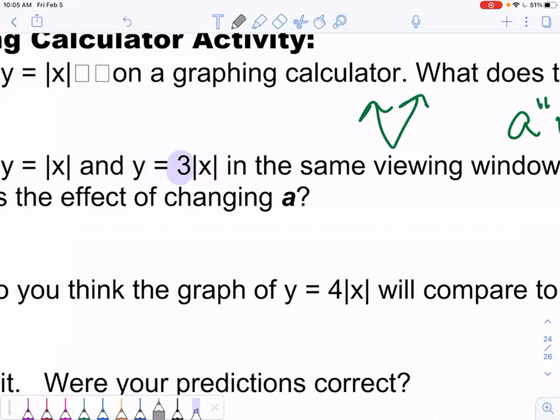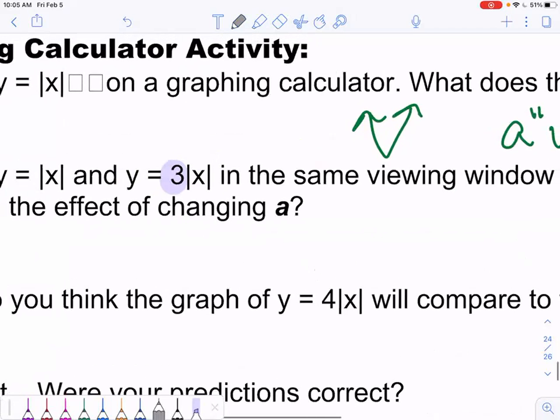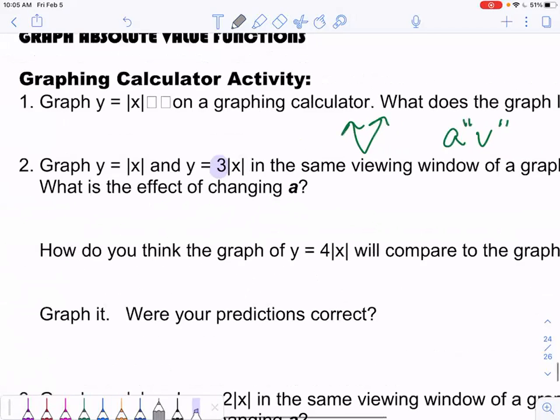And we could describe this as the graph getting narrow. Mathematically, we're going to say the graph is narrow compared to the first graph. So it kind of has gotten squished together a little bit. It's gotten narrow.